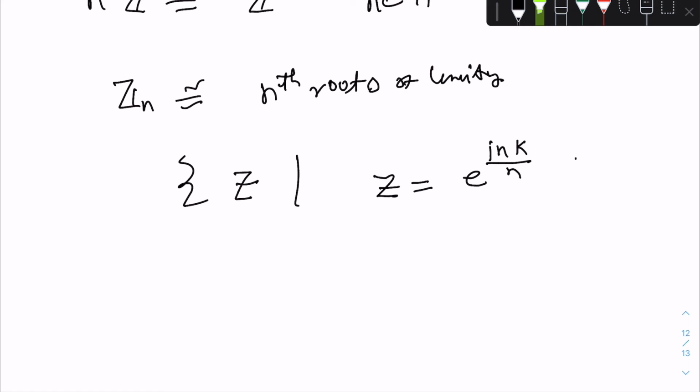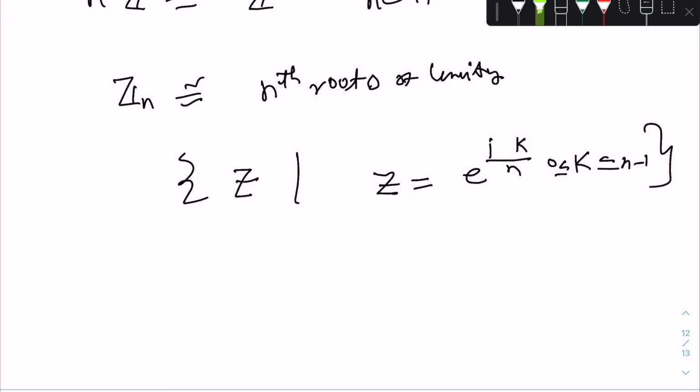Okay, k running over 0 to n minus 1. When I put this to the power n, it will automatically go to 1. So these are the elements. So this is isomorphic to Zn.